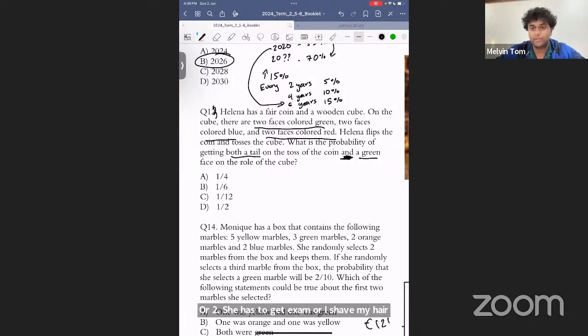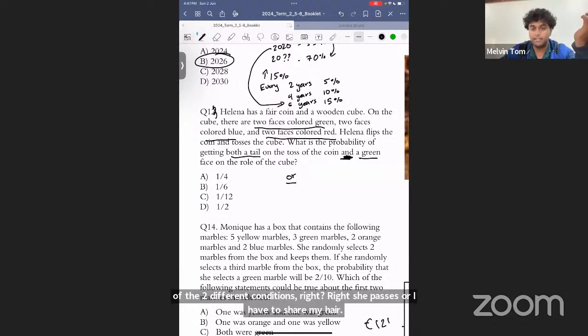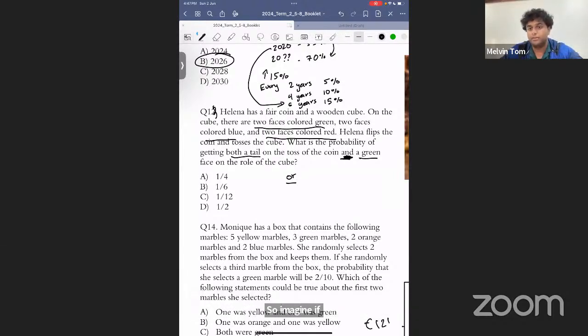So most of you chose correctly. It's option two. Option two is better. And the reason is in option two, I chose the word or. When you have the word or, you only need to satisfy one of the two different conditions, right? She passes or I have to shave my hair. So imagine if Anya doesn't pass the GATE exam, she can, theoretically, sneak into my house at night and while I'm sleeping, she and her friends completely shave my hair.